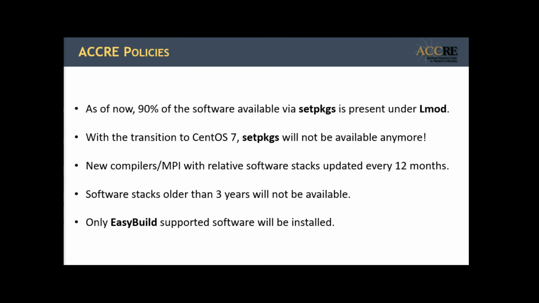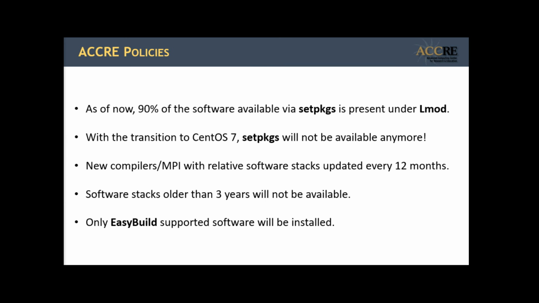Every year, so every 12 months, we are going to provide a new set of compilers and MPI libraries. And every time we do this, the software that is more than 3 years old is going to get removed. So there will be a life cycle of 3 years for the software available. Okay?